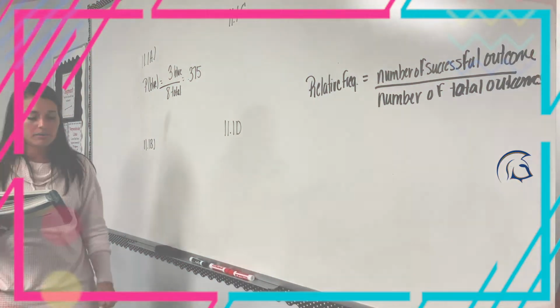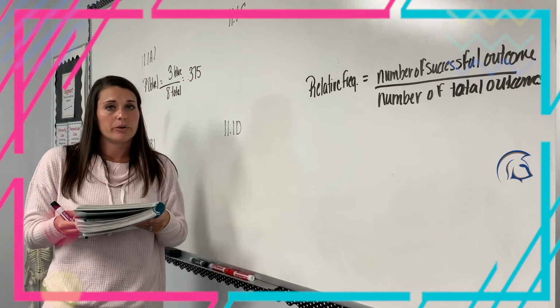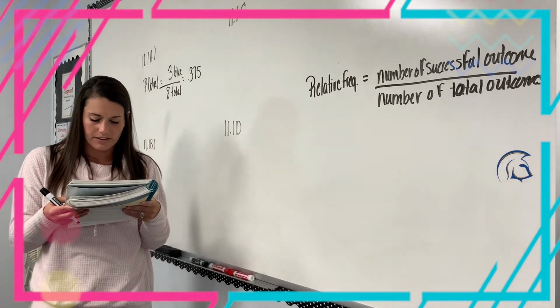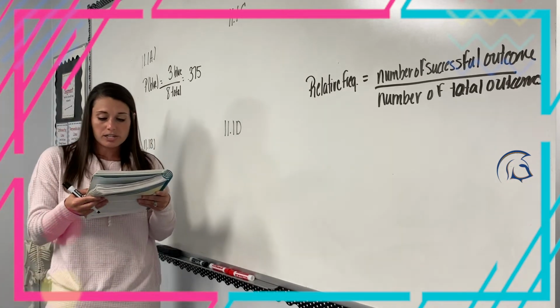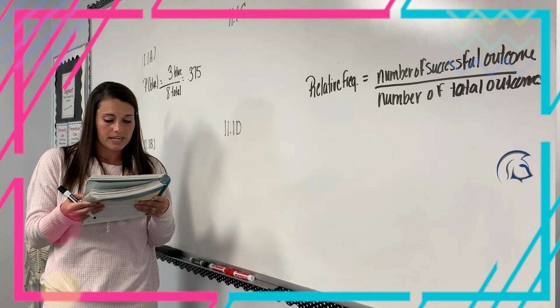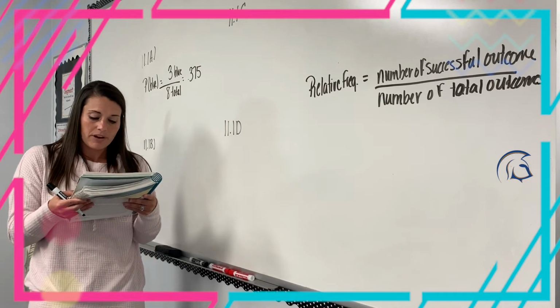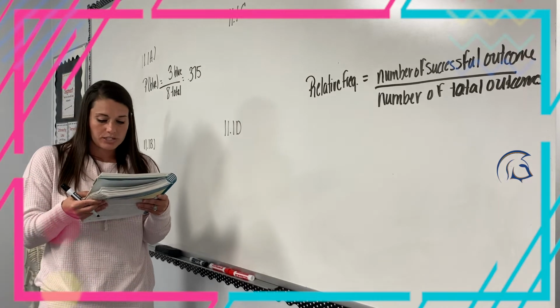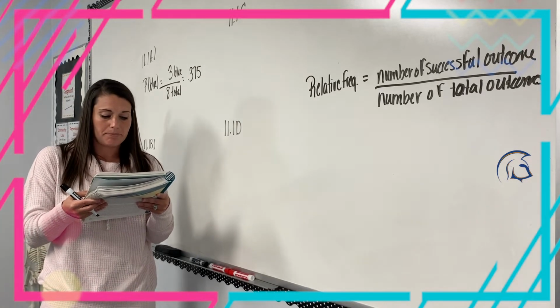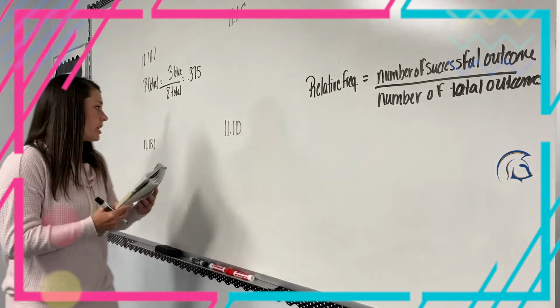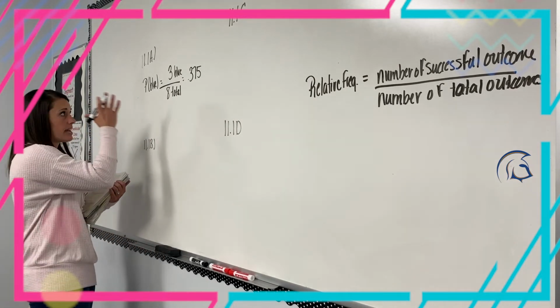Now look with me at example 11.1b. It says, through the first 4 months of baseball season, Joshua has 110 hits out of 345 at bats. From this data, what is Joshua's probability of getting a base hit when he comes to bat? Okay, so we're going to do it the exact same way.